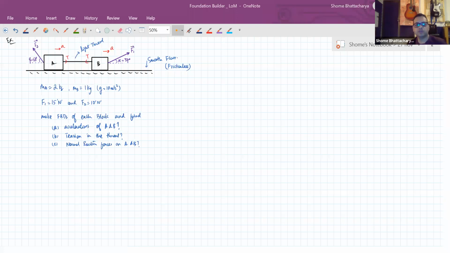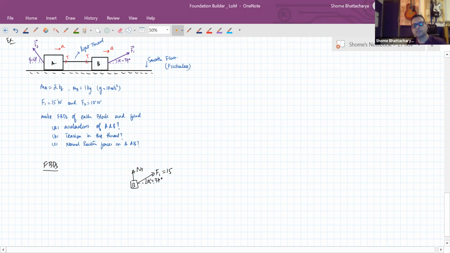Now let's come to the free body diagrams. So B's free body diagram. I'm making them slightly bigger, but like this. We'll have F1 equal to 15 newtons acting like this at an angle of alpha equal to 37 degrees. We'll have some normal reaction, let's say NB, and its weight, which is 10 newtons. It will have tension acting like this and horizontal acceleration A like this.